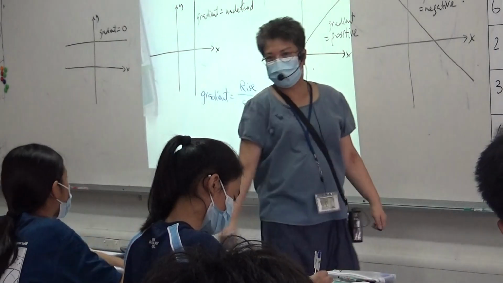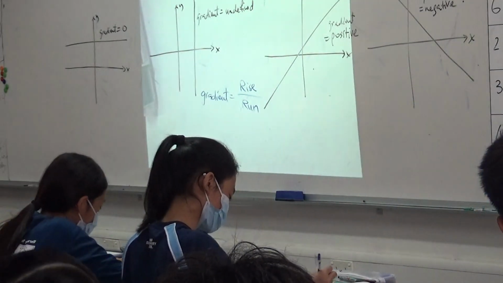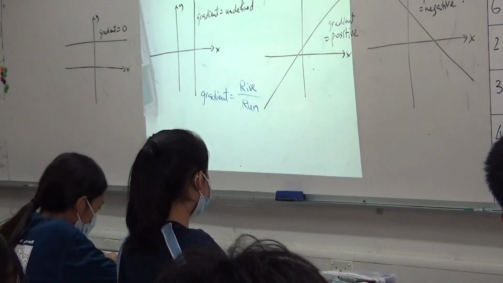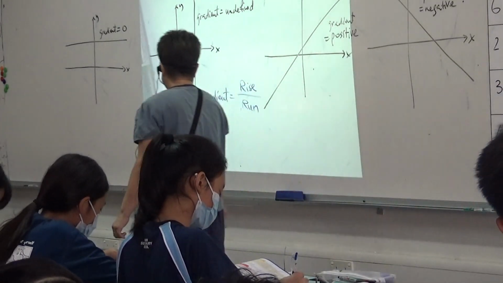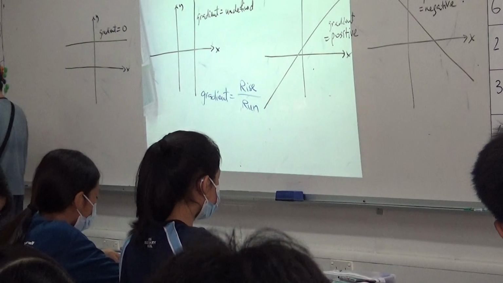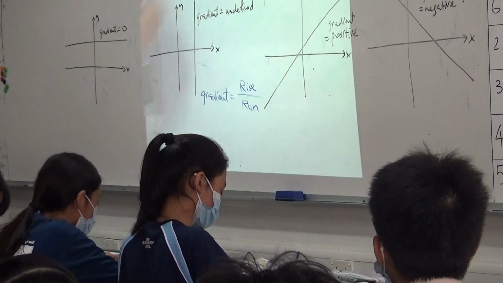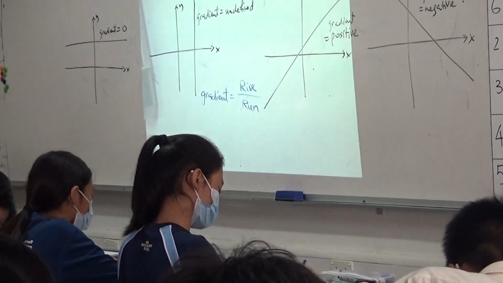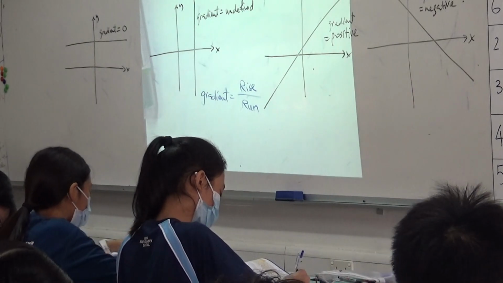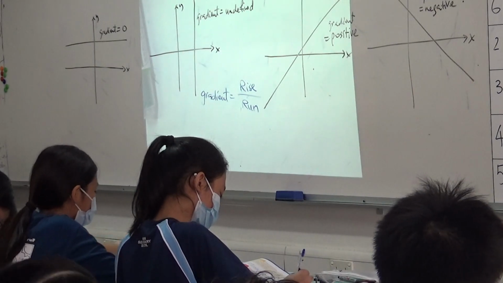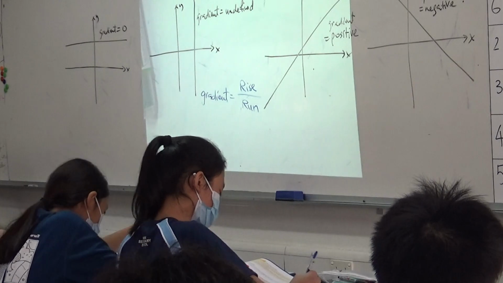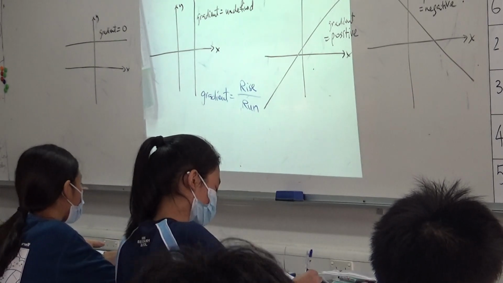I will tell you what's rise over run later. I want to concentrate all the notes first. Don't have to worry about this. I will explain in the next lesson, because I don't want you to keep taking out your notebook and putting it back again.